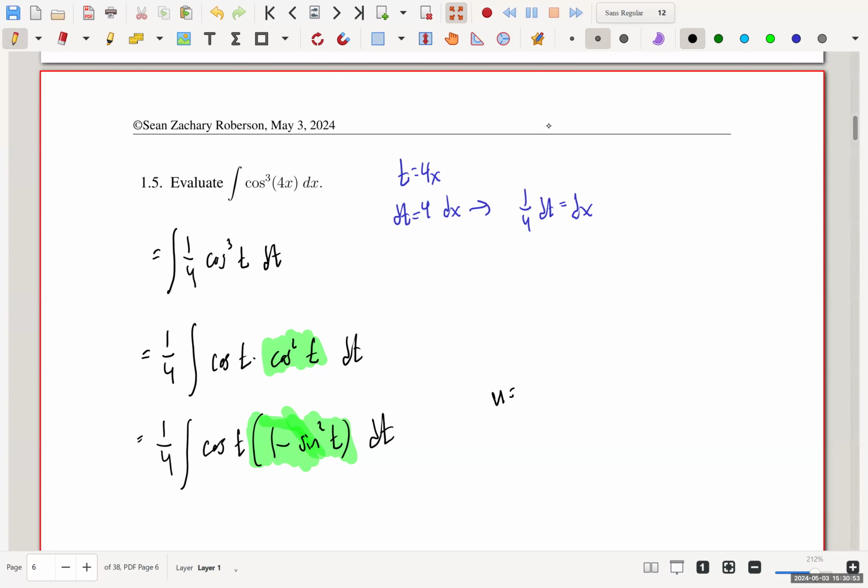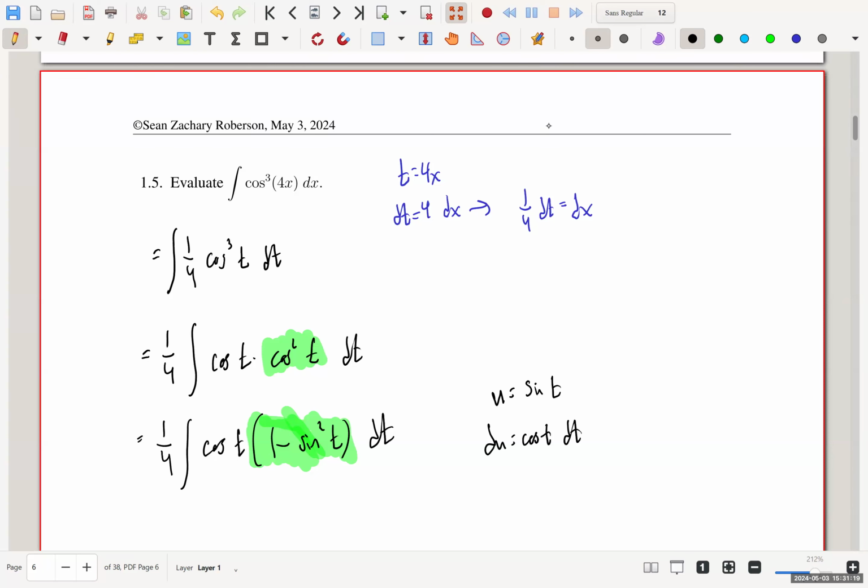What should be my variable change? Sine of t, yes? And that makes du what? It's a positive cosine t, not a negative. Remember which direction you're trying to go in. That does the job for us.